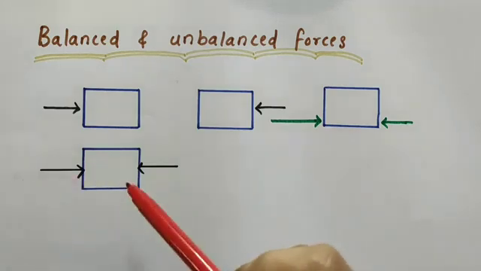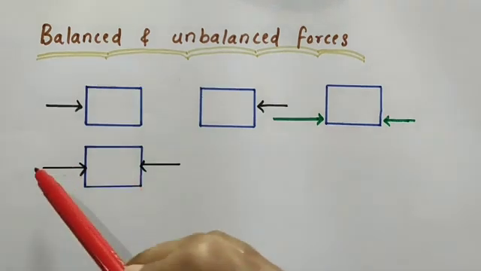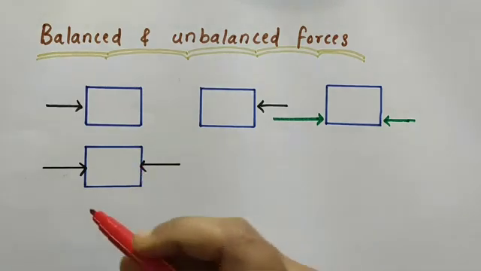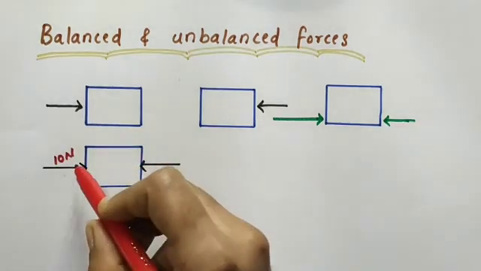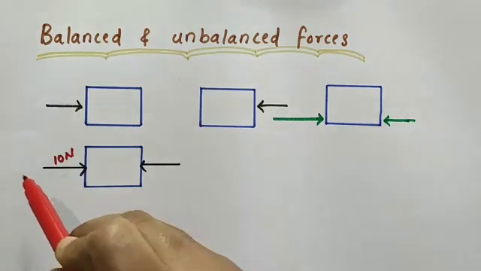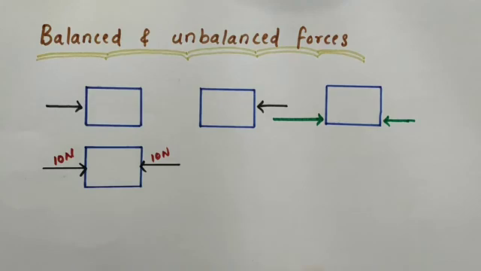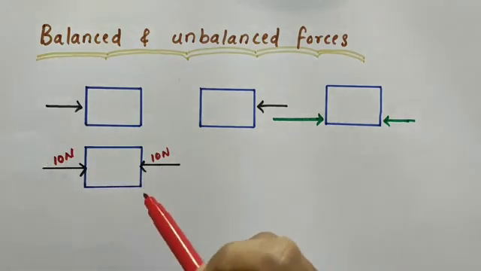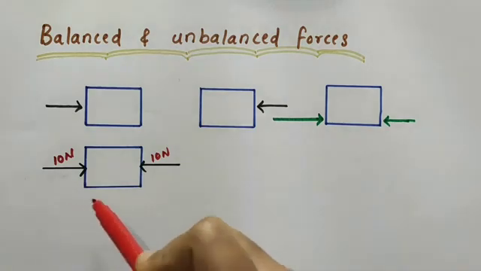That is, two forces are opposite in direction, and let the magnitude of these two forces be the same. That is, if we apply 10 Newton force, okay, Newton is the unit of force, to the right and 10 Newton force to the left, then the box will not move.